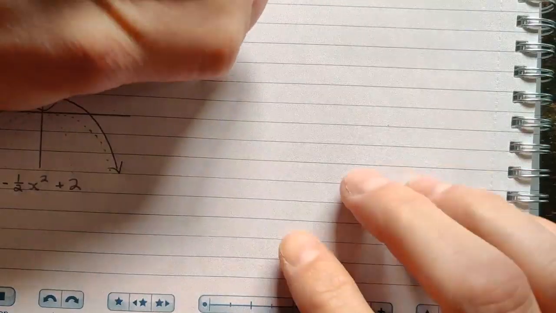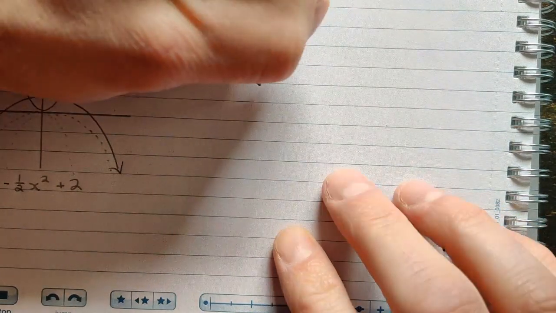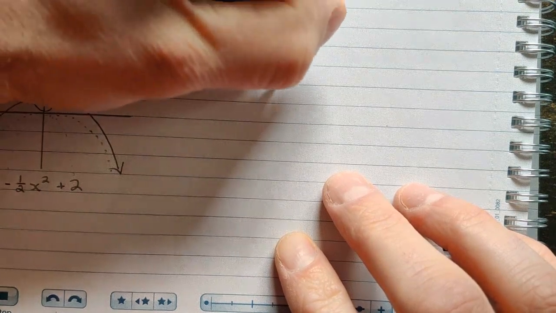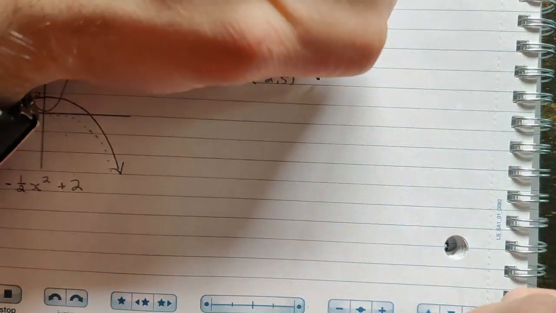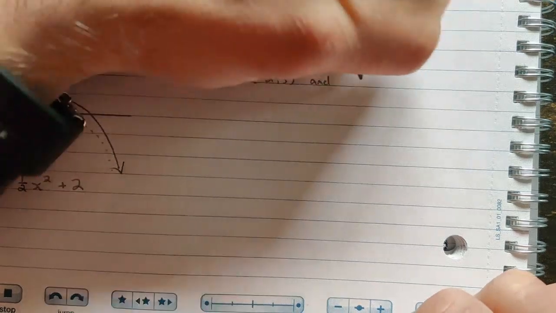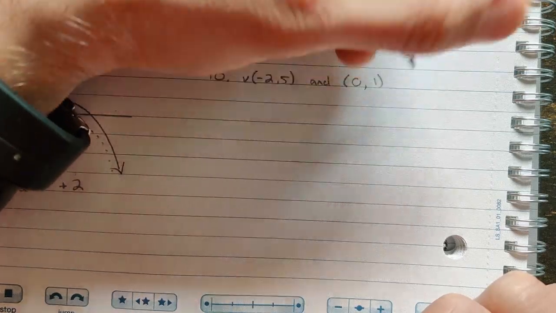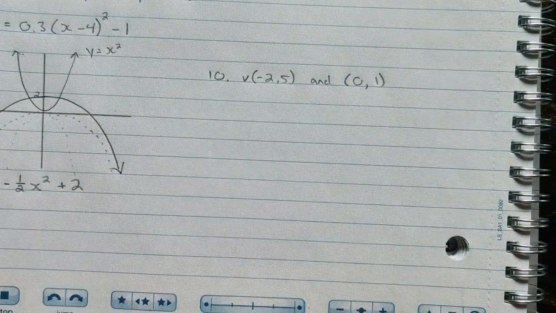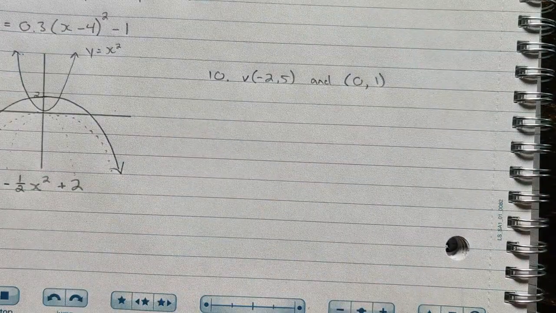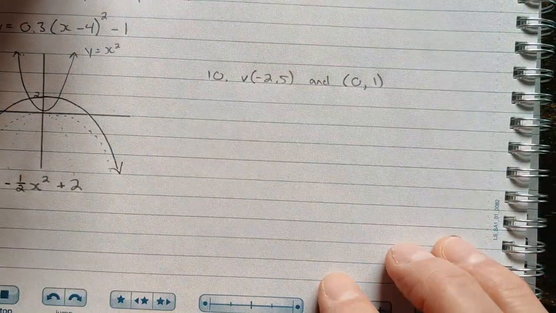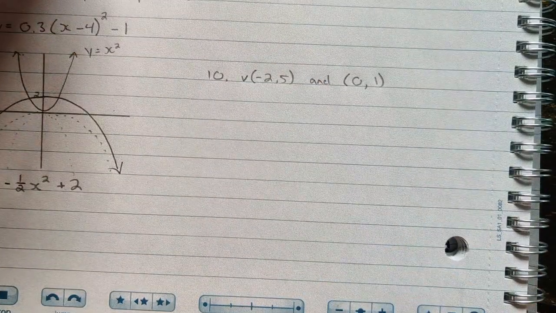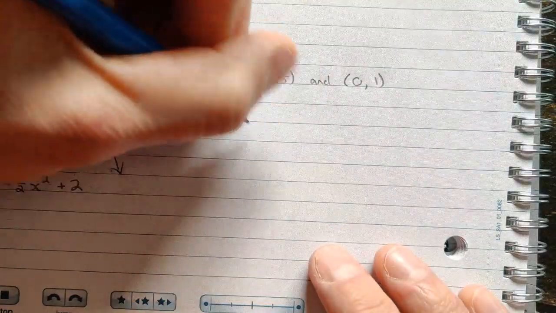So we have a vertex at (-2, 5), and then another point, the y-intercept, so x is 0 and y is 1. Those are the 2 points that we have, and we can use these now in an equation to determine the various values that are missing.